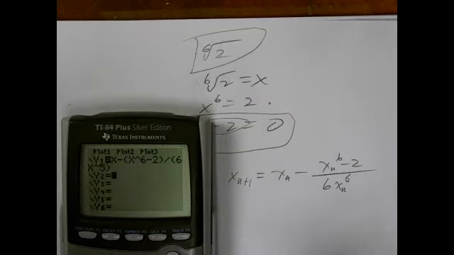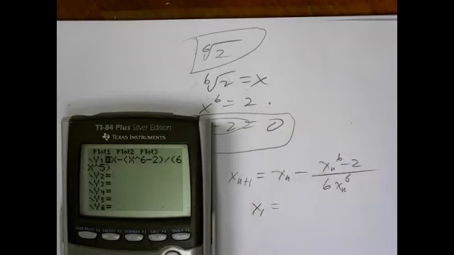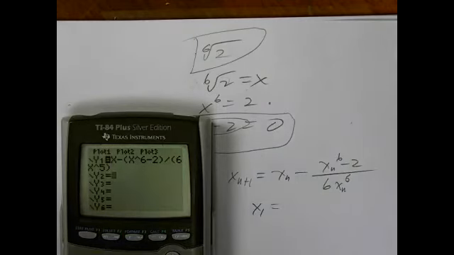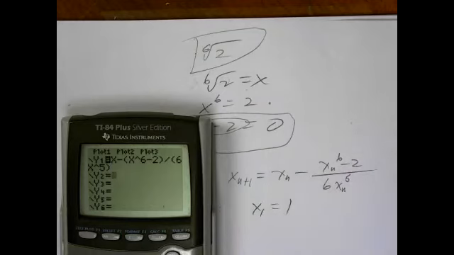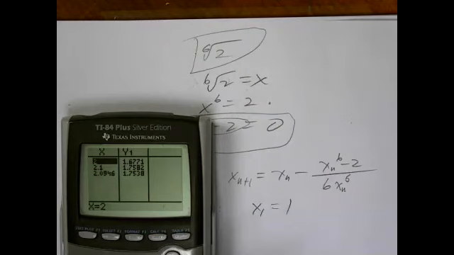Well, for your first guess, if you think about it, x to the 6th is going to be a large number. So the 6th root is going to be a pretty small number. All right, so my first guess would probably be something like 1. So I put in a 1 right there. I go to my table and put in a 1. And actually, let me just delete out these old ones.